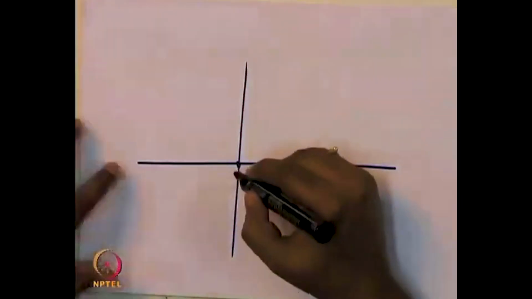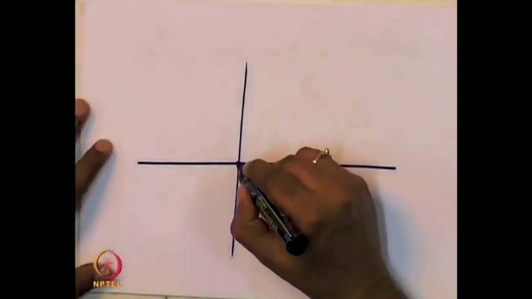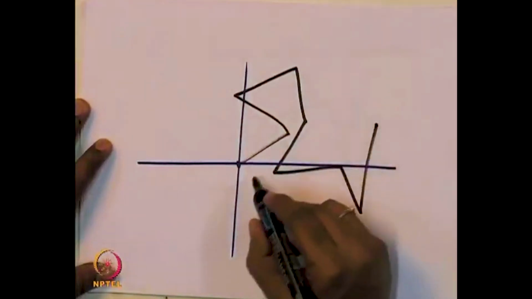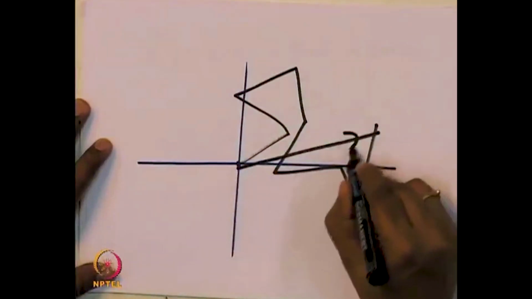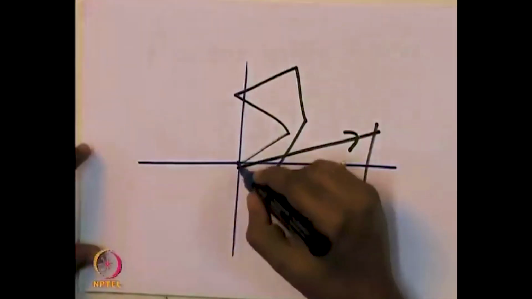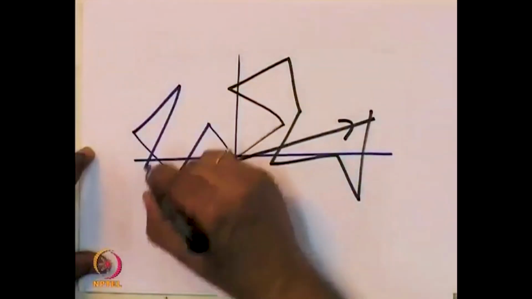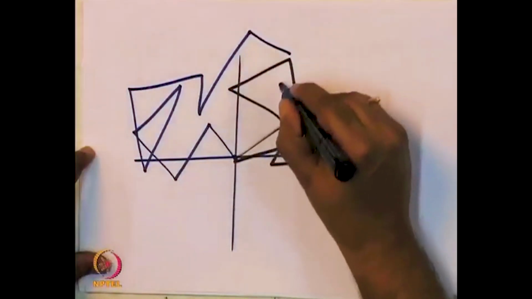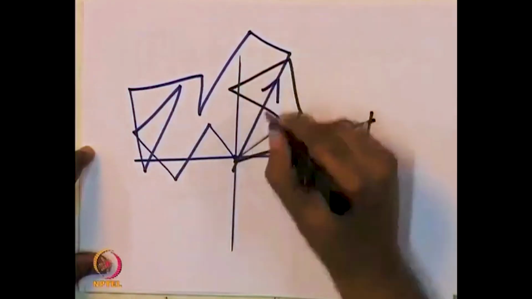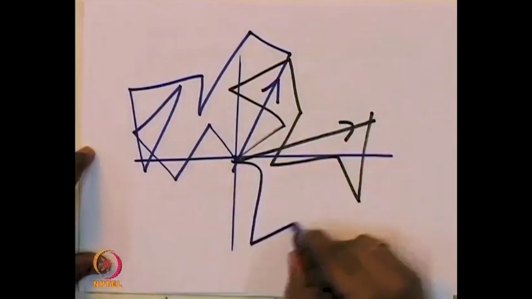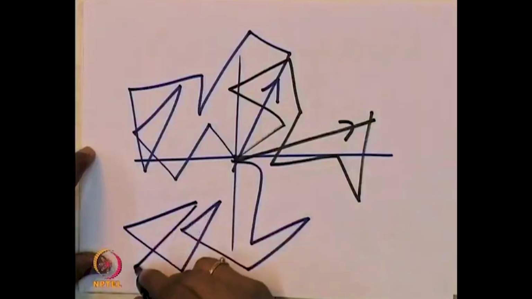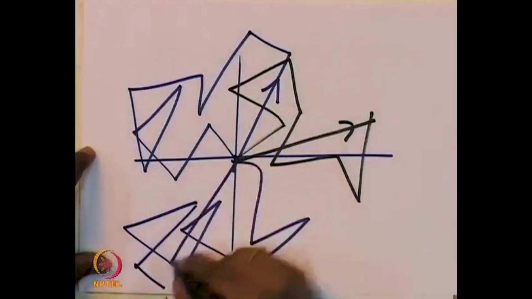The first photograph will have some shape like this, with an end to end distance like this. The next one will have some other configuration like this, with an end to end distance this. Some other protein will have some other completely random configuration, and the end to end distance can be something like this.